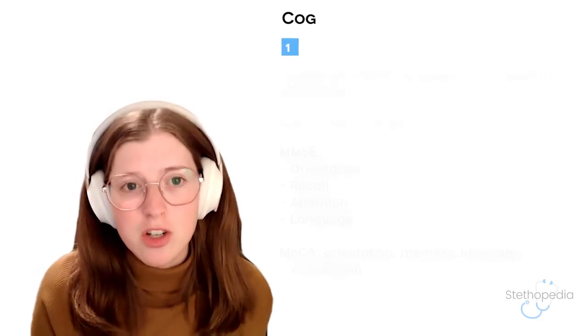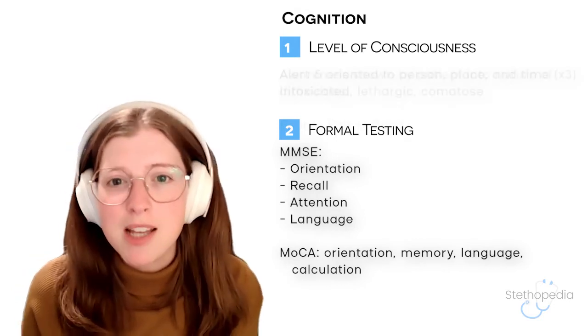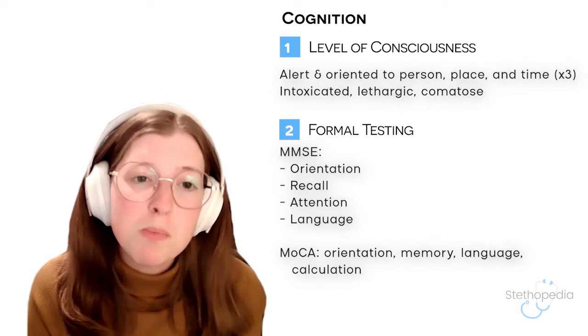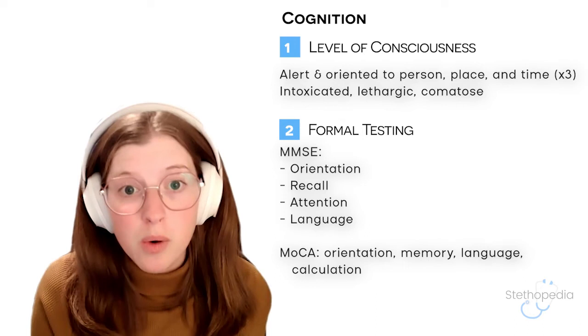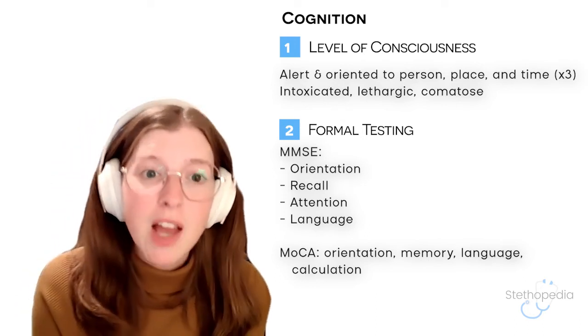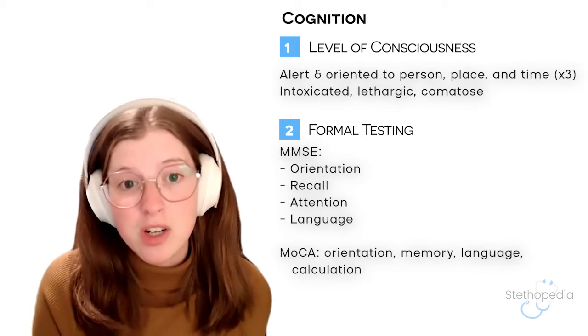And finally, cognition. Cognition is both observed and inquired, and involves the capacity to process, organize, and understand information. The most basic tenet of cognition is someone's level of consciousness. Are they alert and oriented to person, place, and time? Formal testing of cognition is often done in a geriatric setting.